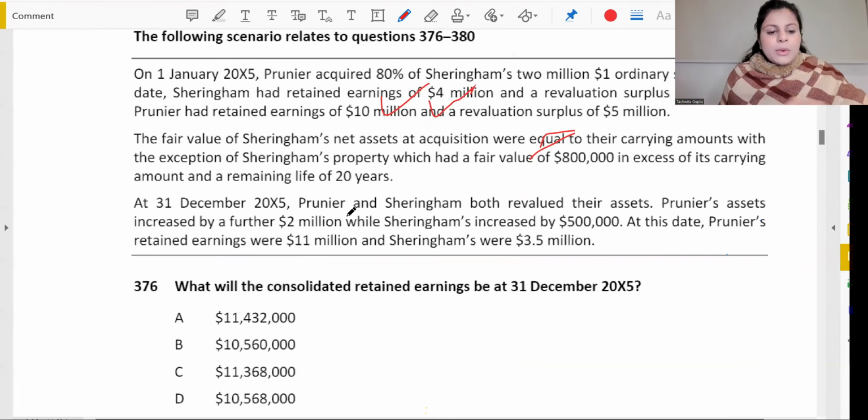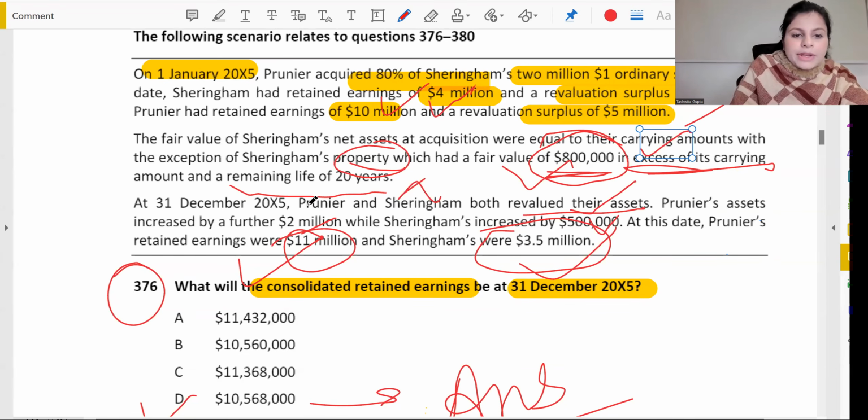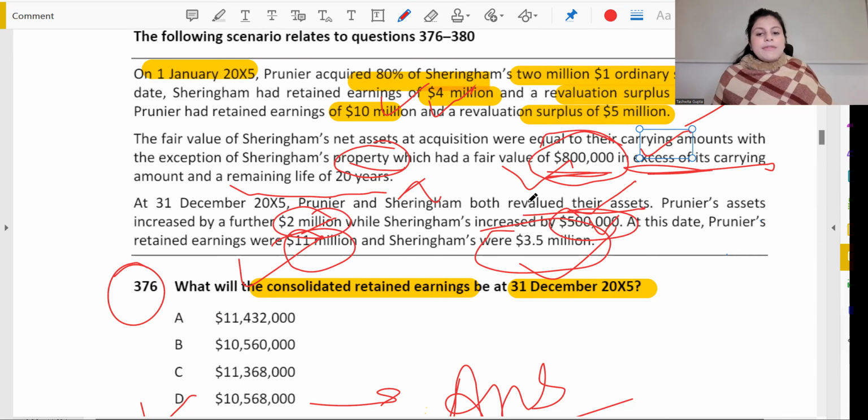The fair value of subsidiary's net assets are equal to their carrying amount with exception to the property, which had a fair value of 800. And then in the end they've given that both have revalued their assets. Parent's assets have increased by 2 million and subsidiary's assets have increased by 5 lakh.